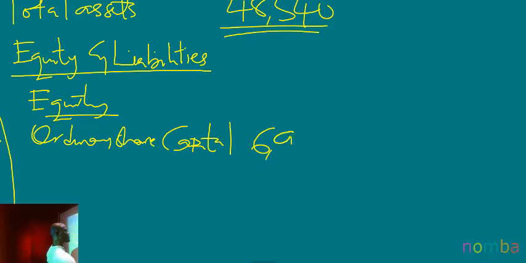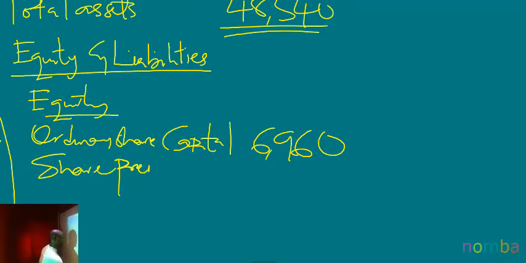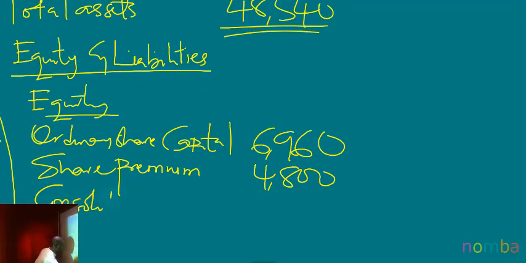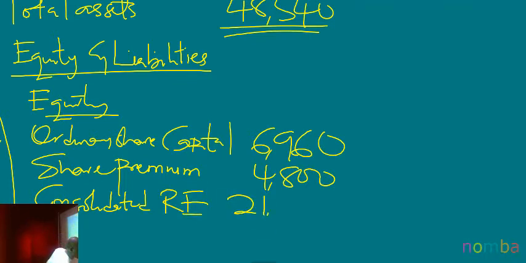6,960 as the share capital instead of merely 6,000. So we'll have 6,960 and we'll have share premium of 4,800, before we now have the consolidated retained earnings of 21,420.